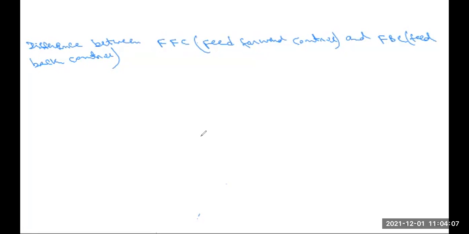And this ratio control is basically a special type of feed forward control system. It is designed with the help of feed forward control systems. So in the next classes we will continue this ratio control system.